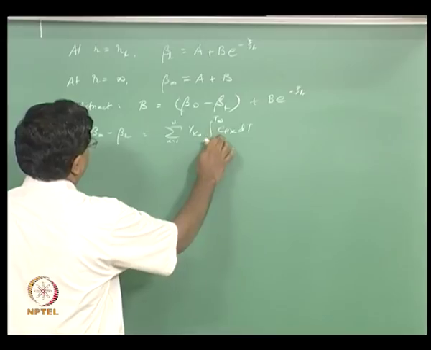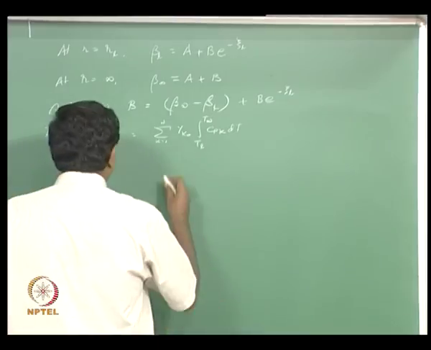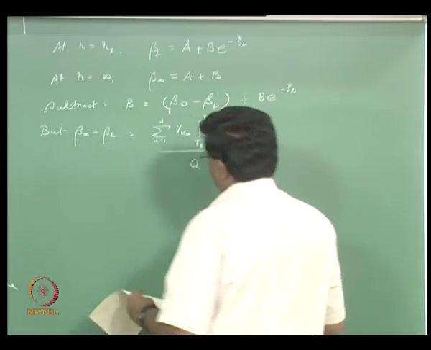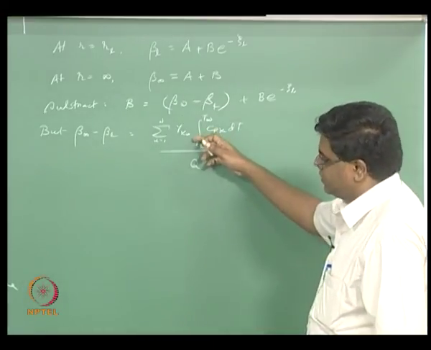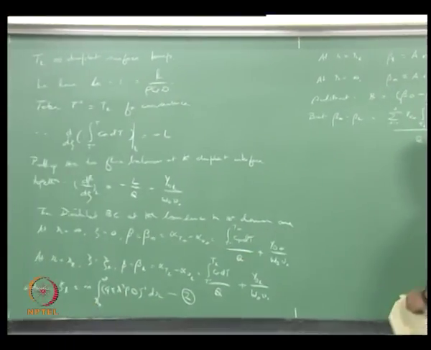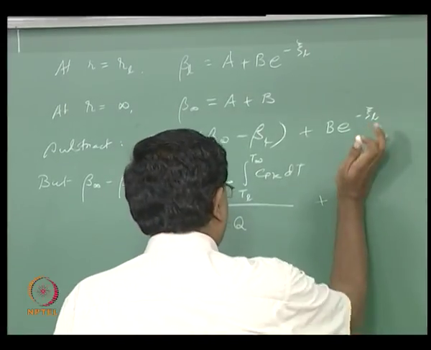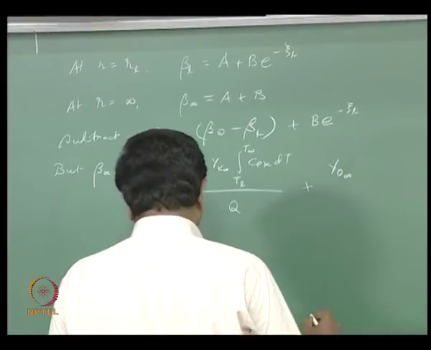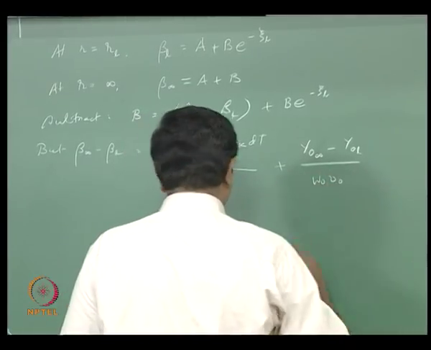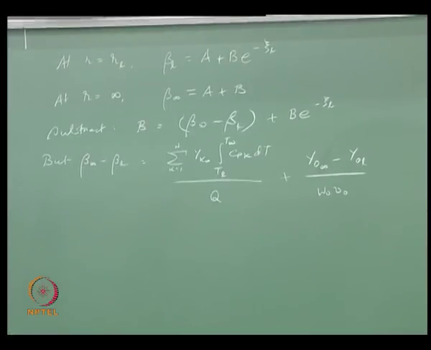Simply you could have taken the Yk inside, but we want to show the infinity very clearly, divided by q. The reason we are not really worrying about YkL is because, as I said, if TL is equal to T naught, this is not going to contribute, right? And plus Yo infinity minus YoL divided by Wo nu o. So that's what we get.